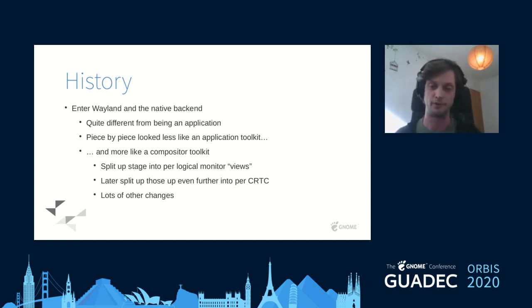We got, for example, monitor rotation using OpenGL by doing this, and fractional scaling by doing this. Eventually, we took it to the next step, and instead of just splitting the region up, we actually did it per monitor, or actually per CRTC, which is a component in the graphics card that drives the monitor.